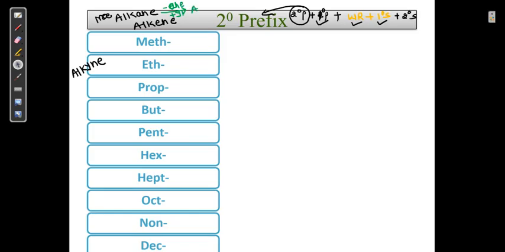Alkyl. Is it? Then here remove E, add YL. So it is known as what? Alkenyl.